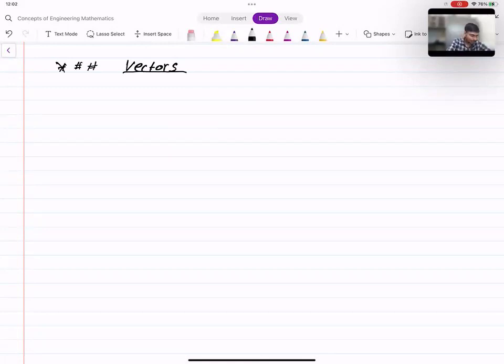A vector is basically a quantity which has both magnitude as well as direction. Anything which has only magnitude is known as a scalar. We have seen scalars in great detail from our basic classes itself. So let us see something about vectors, which have direction along with the magnitude.